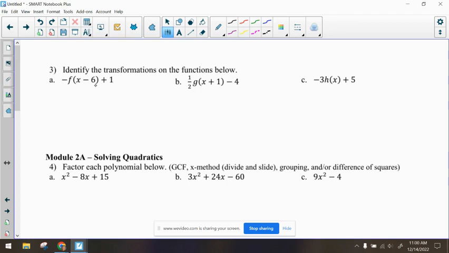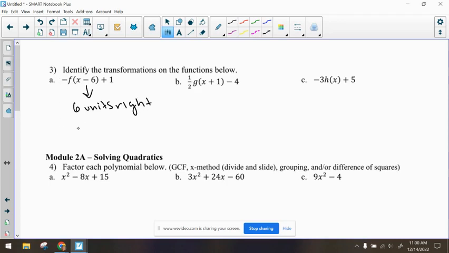So the first one that I see is this x minus 6 in the parentheses. So inside moves my function left to right. So that negative 6 on the inside moves my function 6 units right. Again, that is our horizontal translation.